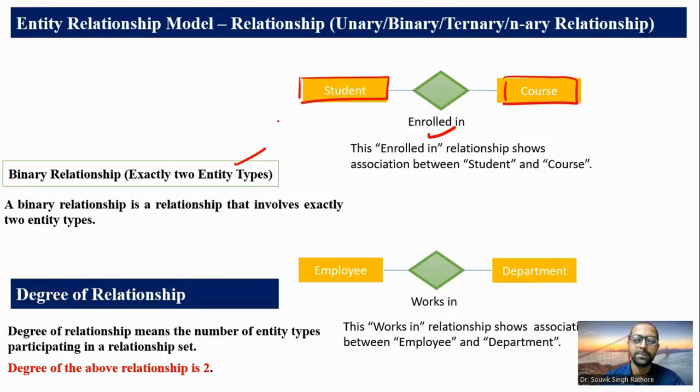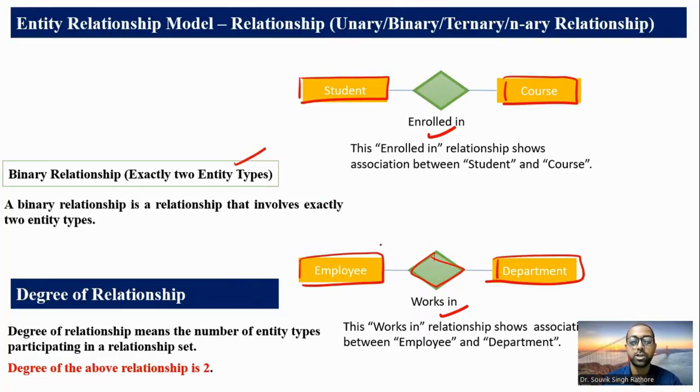Another example can be an employee working in a department. So employee works in department. It is connected through the relationship called the works in relationship. An employee works in a department, and a department can have many employees.